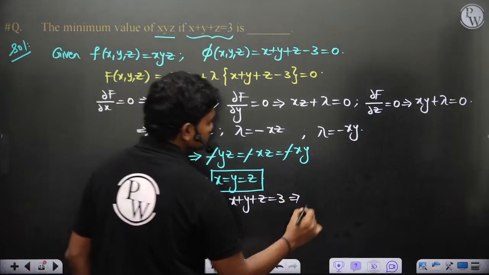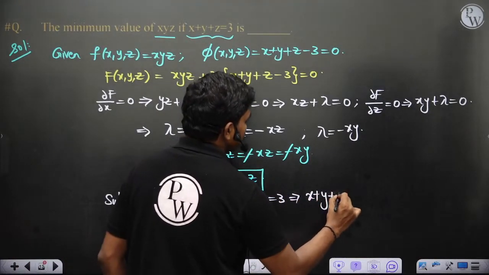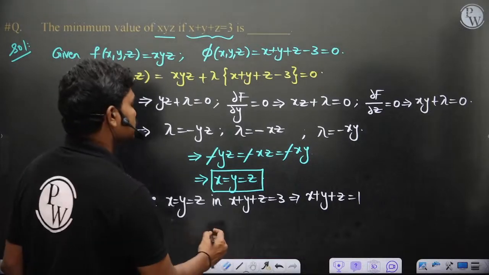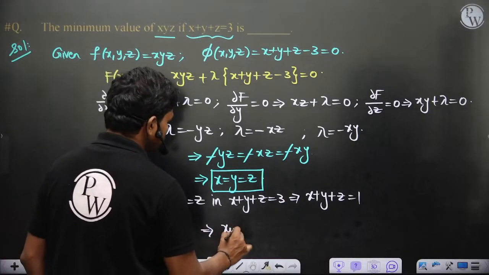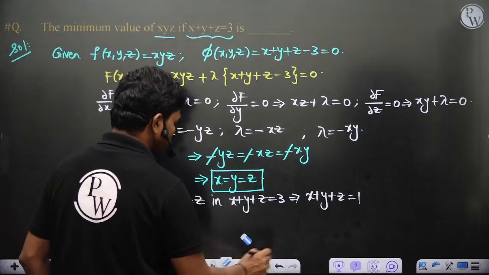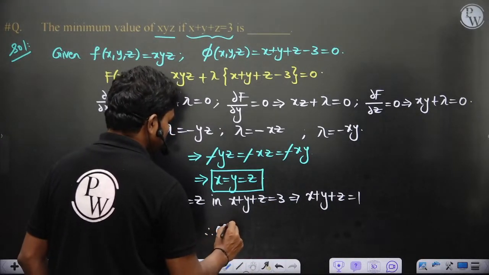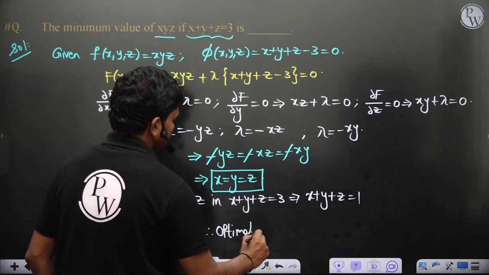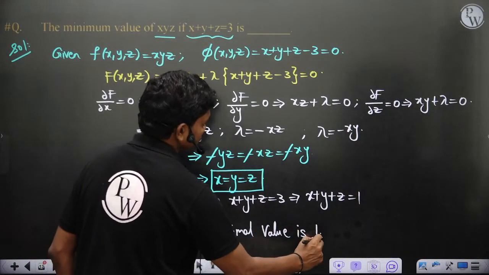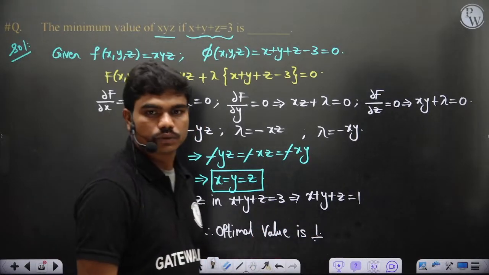That implies x is equal to y is equal to z is equal to 1 in this case. So xyz is equal to 1, the minimum optimal value is 1. Okay, so that's what it is.